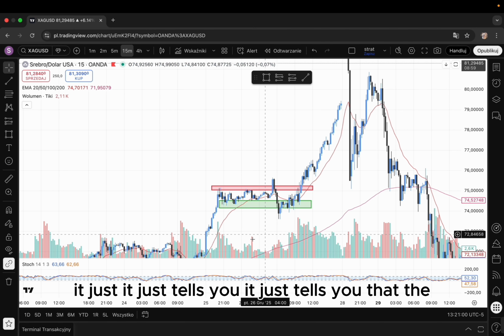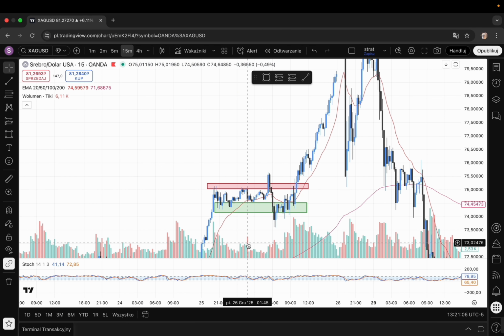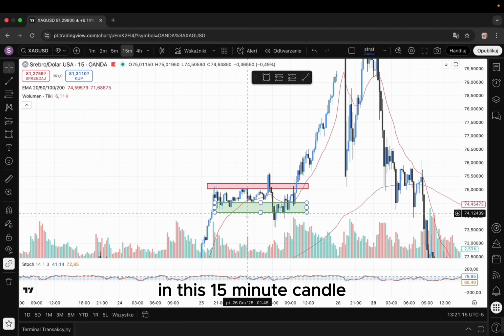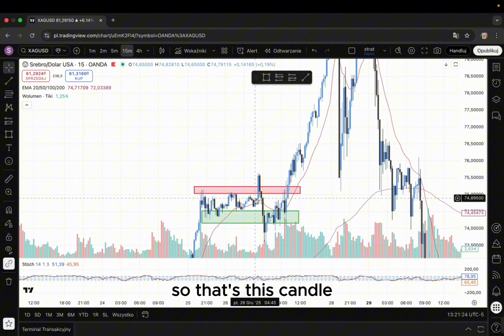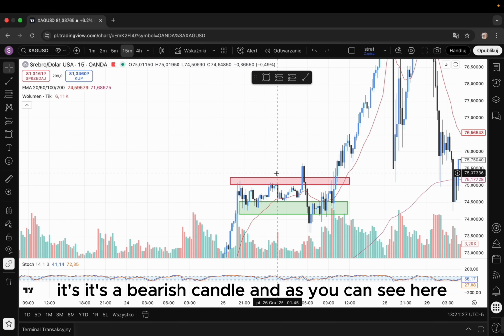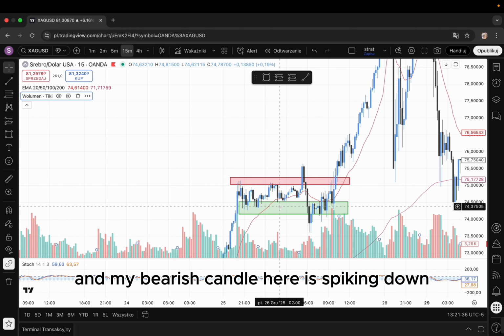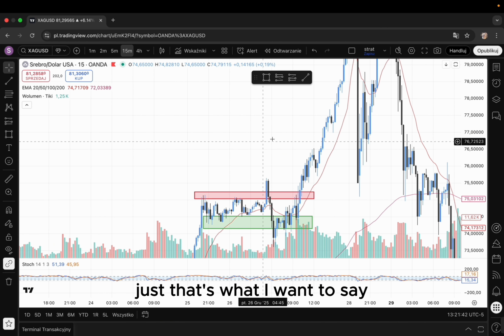It just tells you that the volume of traders here, in this 15-minute candle, was bigger than the average. This candle is bearish, and it's red, and my bearish candle here is spiking down, so it's going down. That's what I wanted to say.